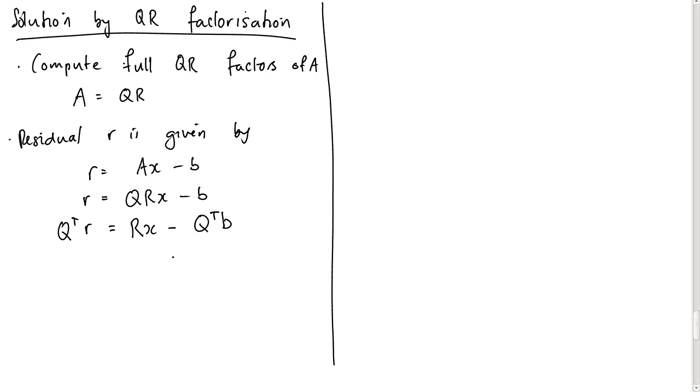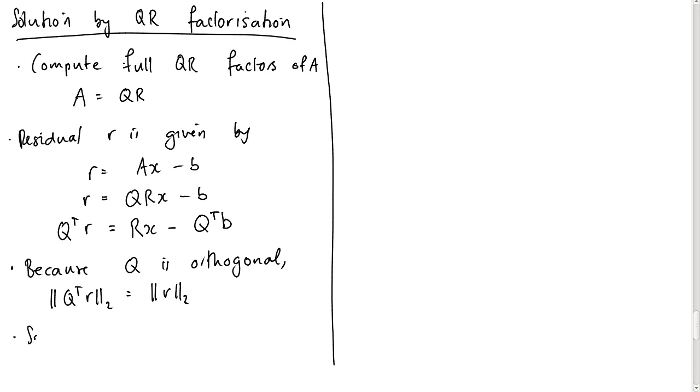Why do I do that? Well, we'll see why in a moment. But basically, one thing we need to note here is that because Q is orthogonal, the 2-norm of Q transpose r is equal to the norm of r. It's something we proved when we were looking at orthogonal matrices earlier. So we can minimize the norm of Q transpose r, and that's equivalent to minimizing the residual.